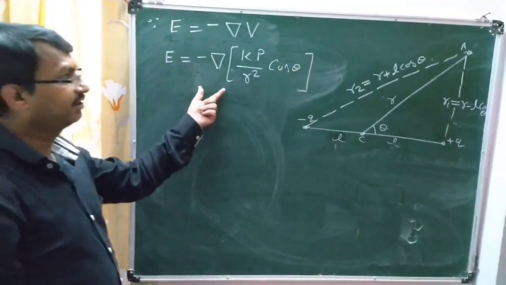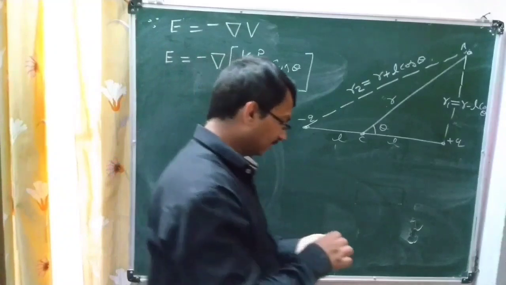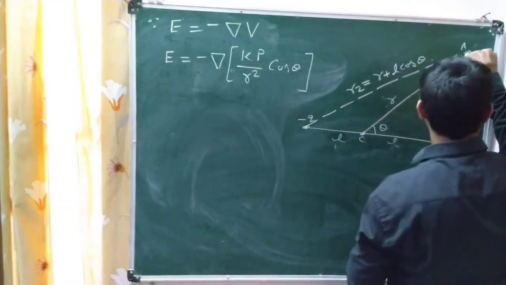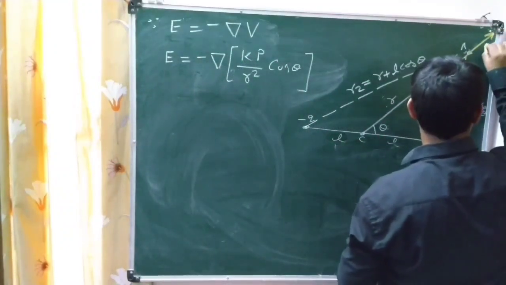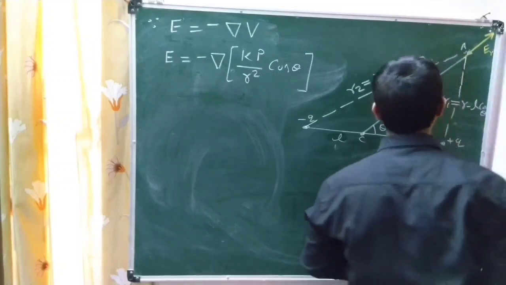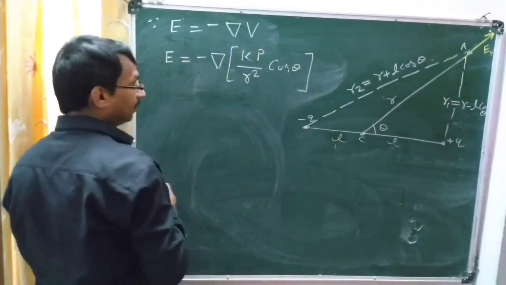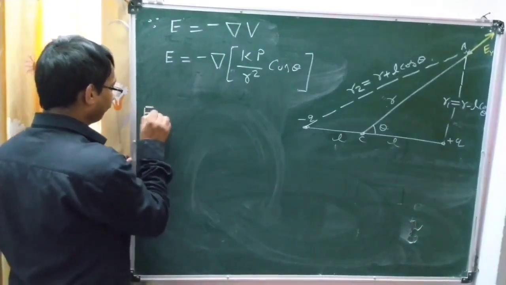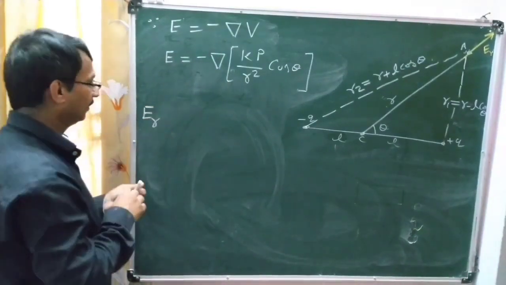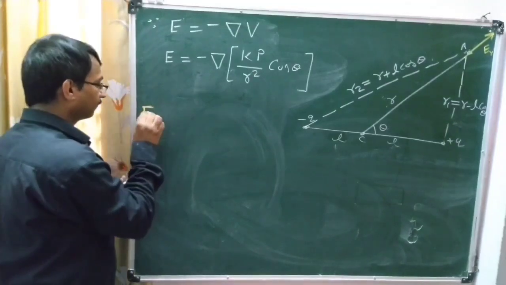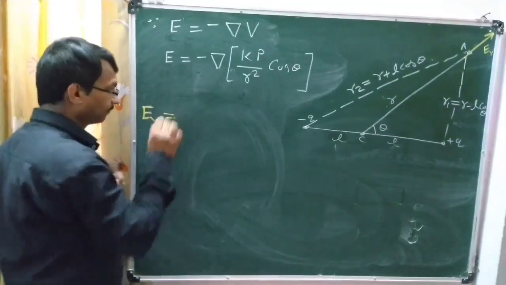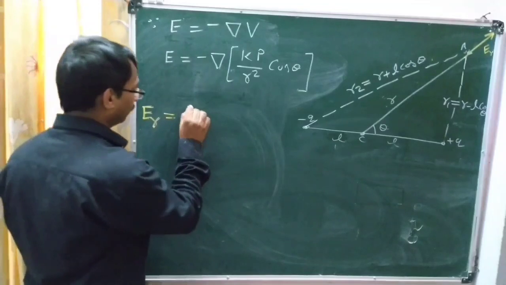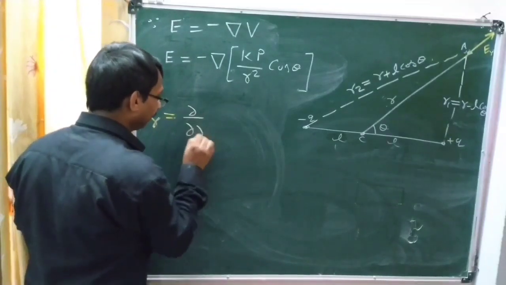Now we can differentiate it in two terms. Number one, in the radial direction it becomes the E radial term. So E radial will be minus del by del r.